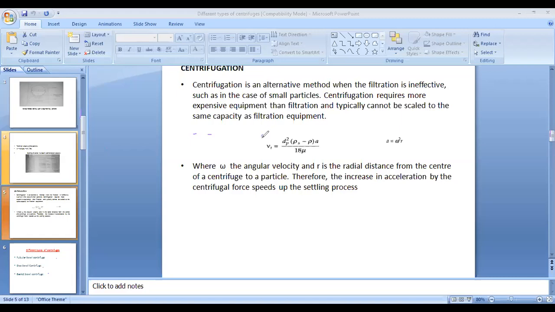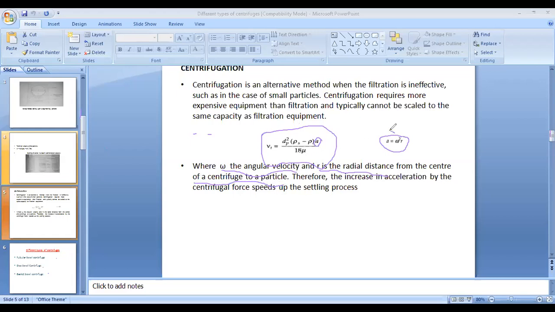If you see the equation here, it is similar to the terminal velocity of sedimentation, but the only thing is that in place of g, there is an acceleration a. That means a is nothing but omega squared r. Omega is the angular velocity, and r is the radial distance from the centrifuge axis to the particle.